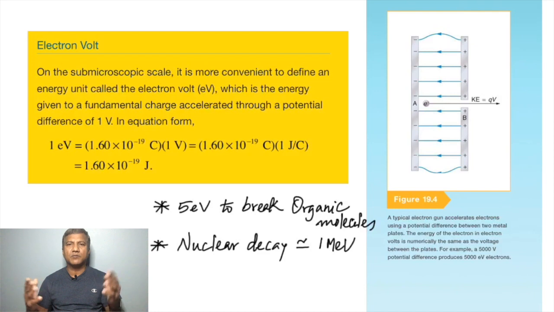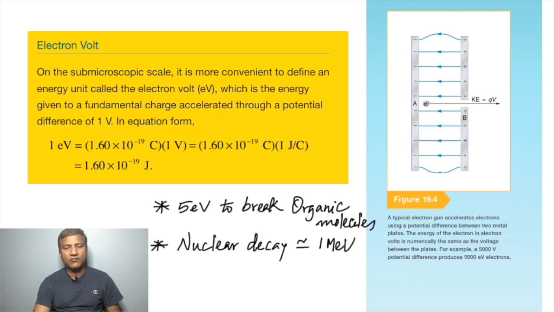With electrons and protons, we're going to be talking about very small charges, and therefore it's convenient to define another unit of energy called the electron volt. The electron volt is the energy required to accelerate an electron through a potential difference of 1 volt.